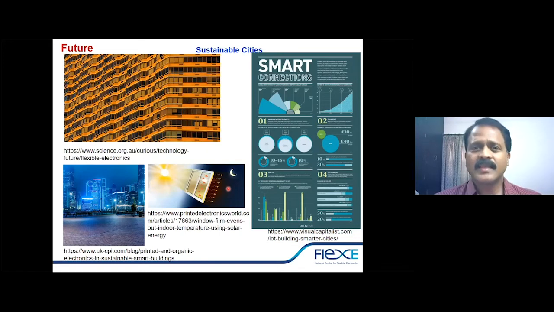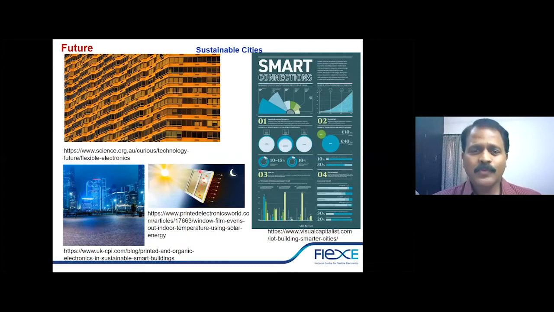One such example is that of sustainable cities. This is a picture of a building, and let's imagine that this building is now covered with flexible solar cells. Not only the walls, but also the windows and our window curtains, so that they can utilize the sunlight coming in to power the buildings.